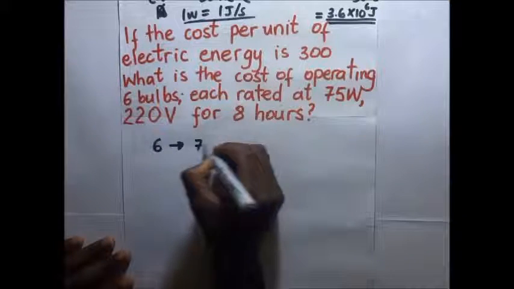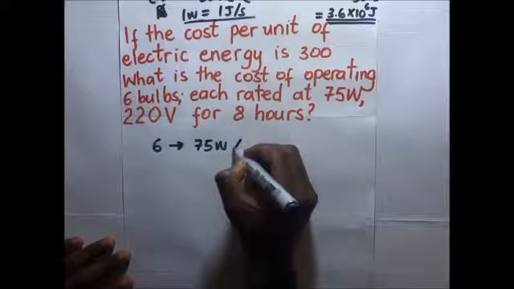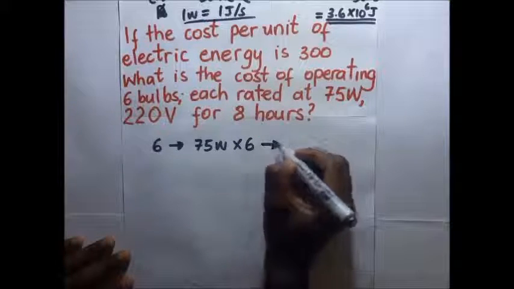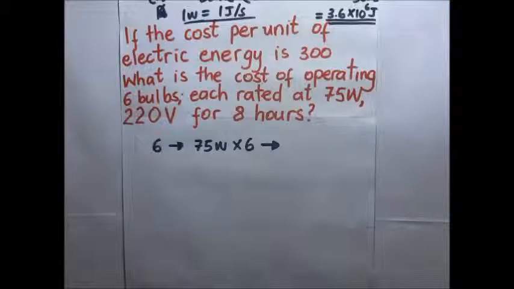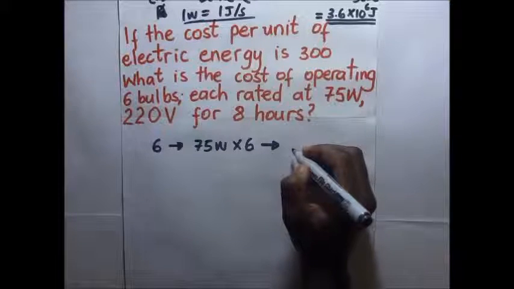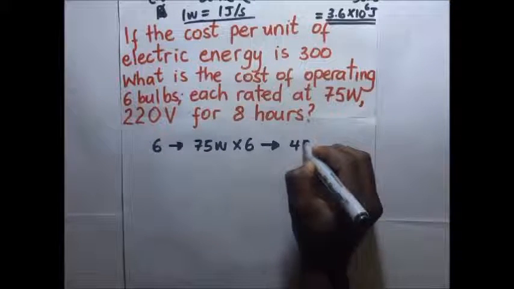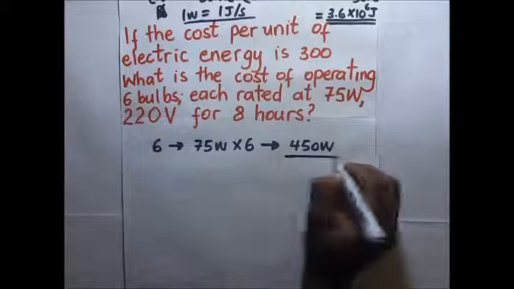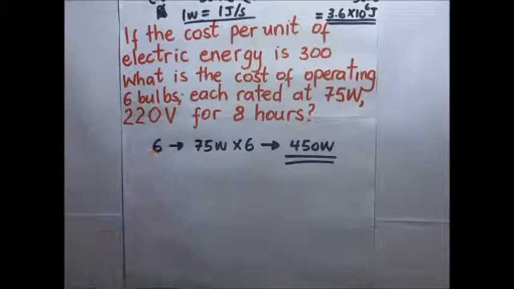So how much energy are they consuming? There are 6 bulbs, each at 75 watts. 75 times 6 is going to give us 450 watts altogether for these 6 bulbs.